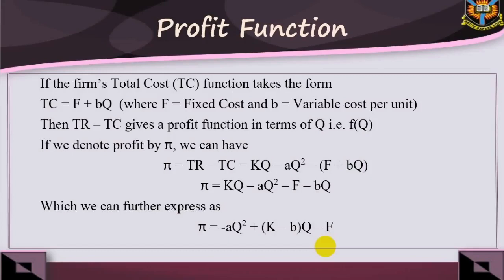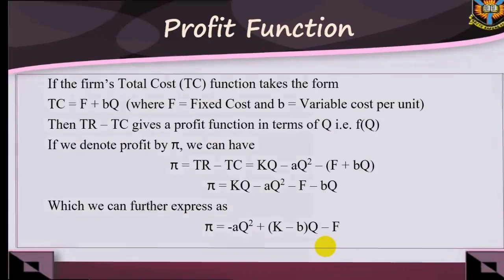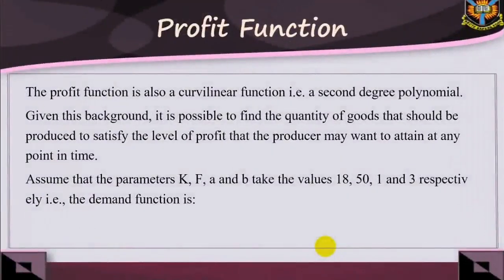Therefore, profit equals KQ minus AQ squared minus F minus BQ, which we can further express as pi equals minus AQ squared plus K minus B bracket of Q minus F. The profit function is also a curvilinear function, that is a second degree polynomial.